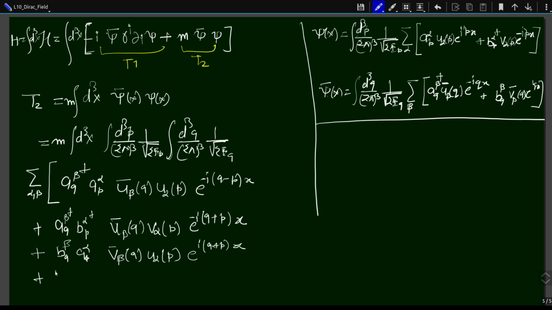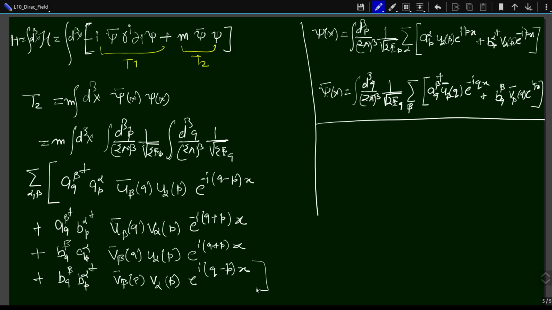The last term, which is the last of both of them, is B Q beta and B P alpha dagger V bar beta Q V alpha P exponential I (U minus P). Okay, and here the bracket closes.